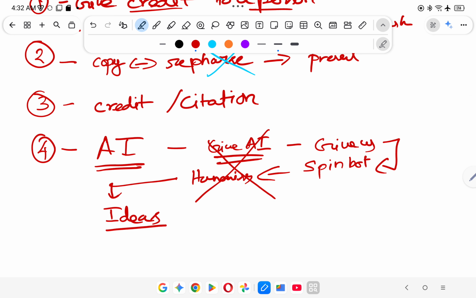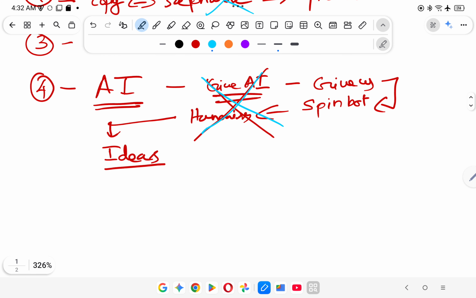No, do not use AI for your research, especially for writing, because as times are getting harder, it's easy for you to use and it's very tempting. But the least you can do is not use it for writing purposes.